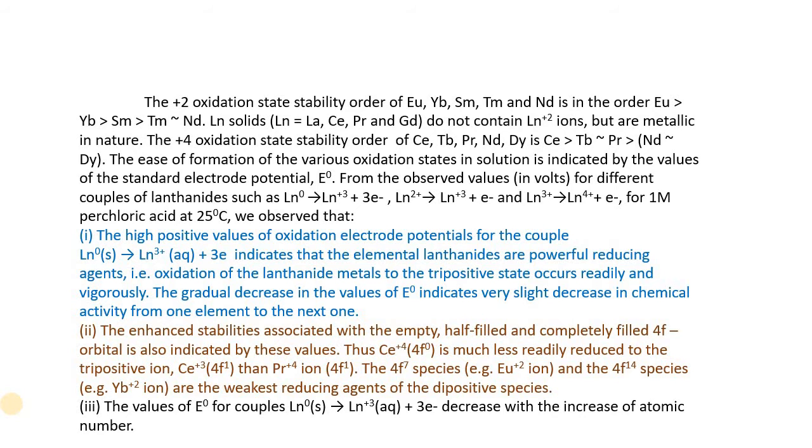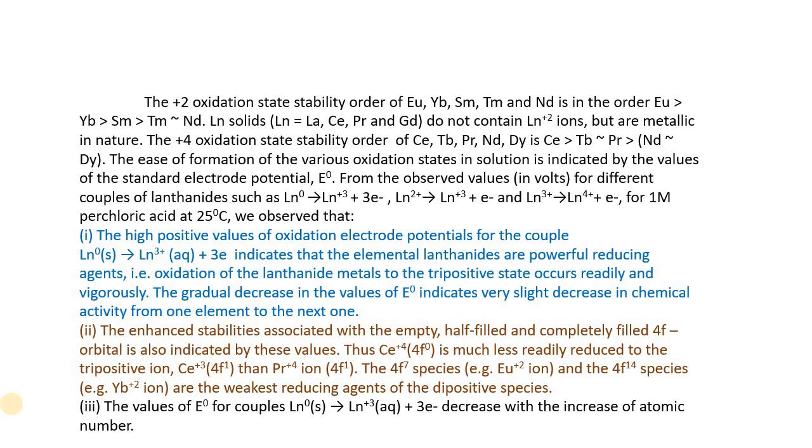And the species which gets reduced itself acts as an oxidizing agent. It means the tendency to reduce and tendency to oxidize can also be used to explain the stability of the oxidation state of lanthanides.